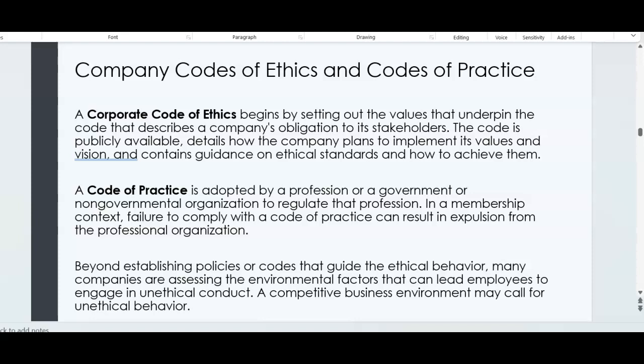Or you'll see something called a code of practice. The code of practice might apply to either a profession or a government agency or even an organization. For example, the New York State Bar Association would have ethical standards for lawyers that will be unique to them as members of that bar association.